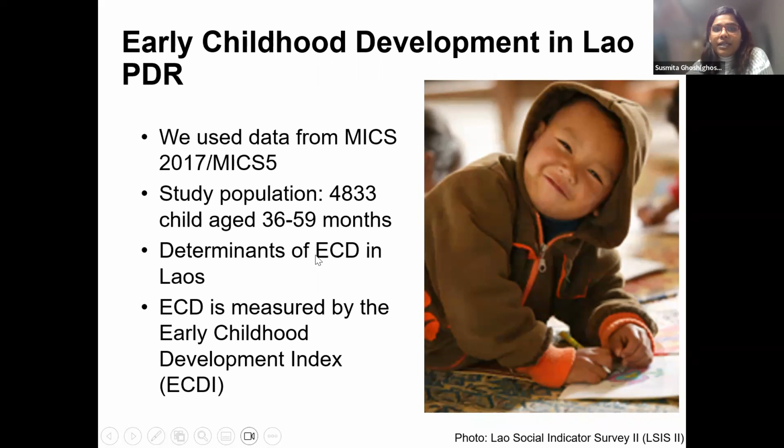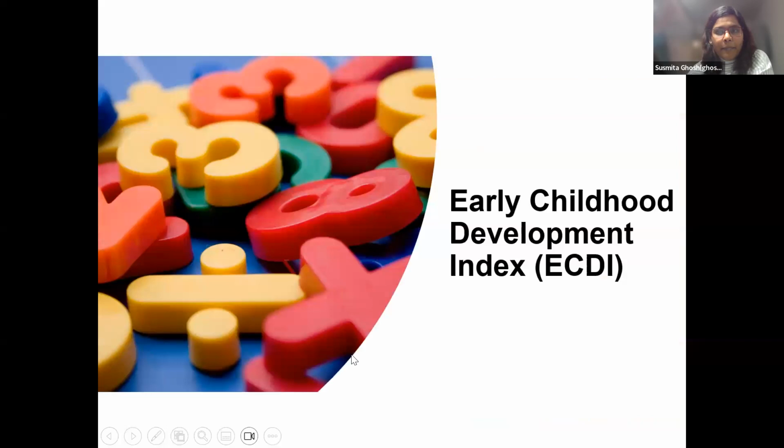We measured early childhood development using the global indicator called the Early Childhood Development Index, as I mentioned in earlier slides. Now I'm going to talk about how we get that index.